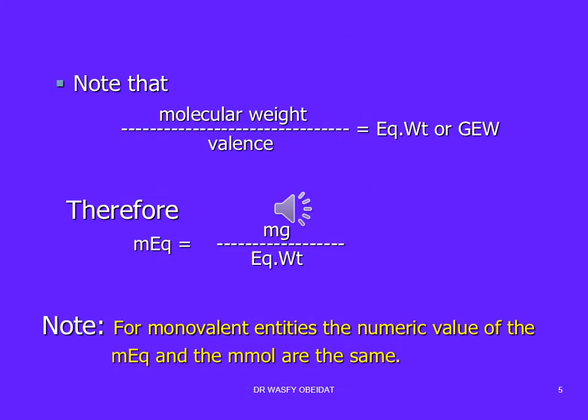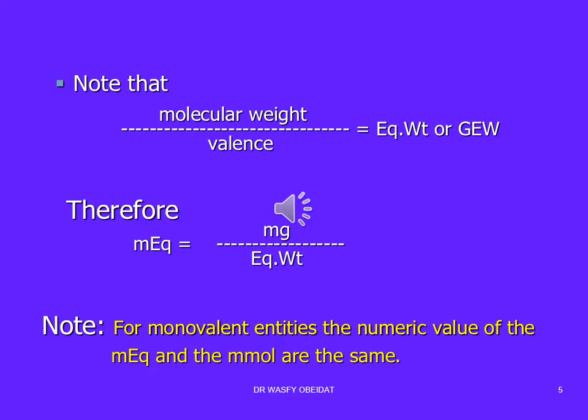This slide is just a reminder of what we have already studied in the first chapter of solutions of non-electrolytes. You remember that the equivalent weight or the gram equivalent weight is the molecular weight divided by the number of equivalents or the valency. Therefore, milliequivalents is the weight in milligrams divided by this gram equivalent weight.